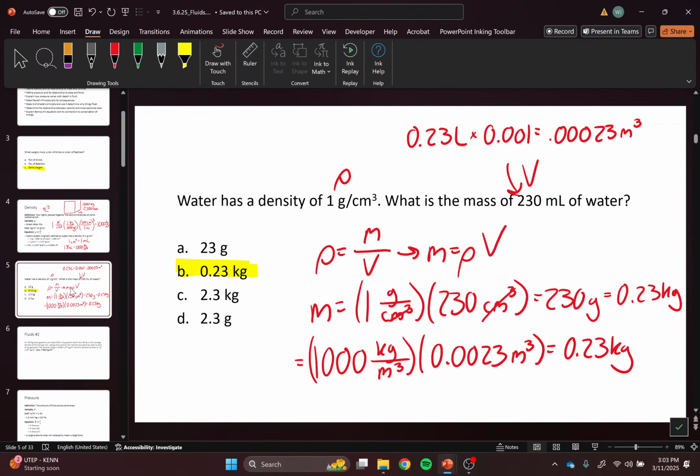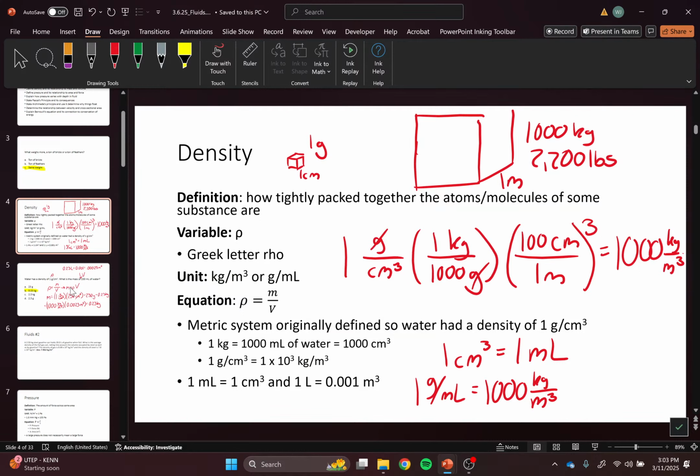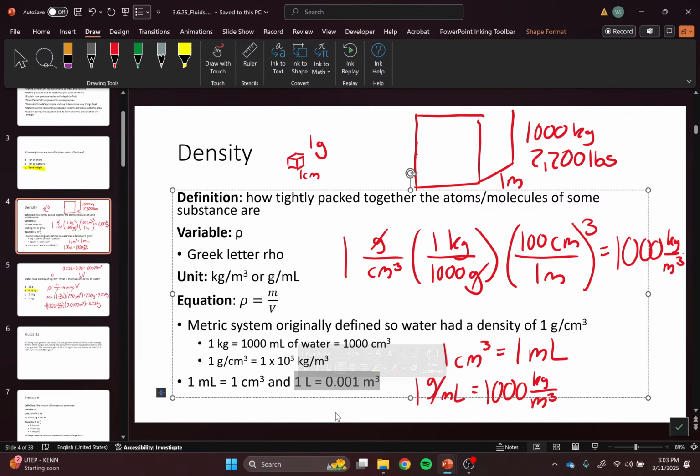So we start with density. Density is mass over volume. One of the things that's a little unpleasant about fluids is all the different units, so this is going to be a trend. You do not need to have these unit conversions memorized. I will provide them to you on the test. For specifically this one down here, 1 liter is 0.001 meters cubed, I will provide that to you.